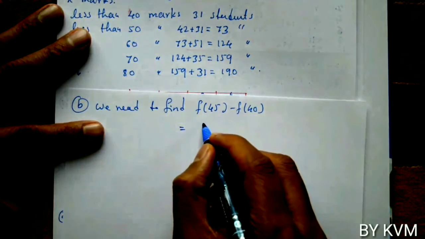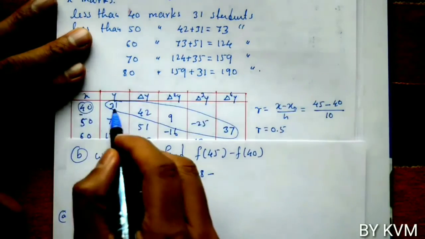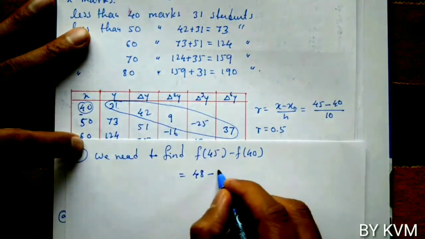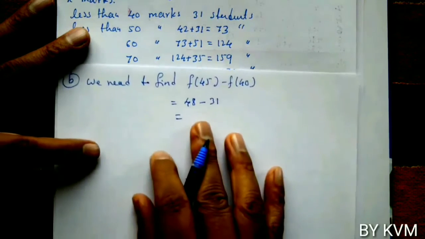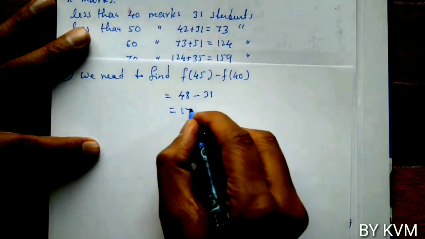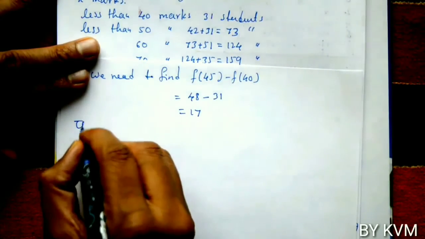So the number of students who have scored between 40 and 45 is f of 45 minus f of 40. f of 45 we have just calculated, it is 48, minus the number of students who have scored less than 40. From the table it is 31. So 48 minus 31 is 17.